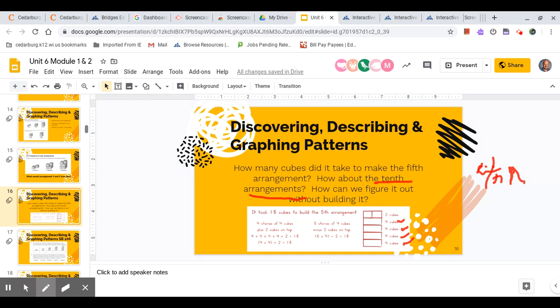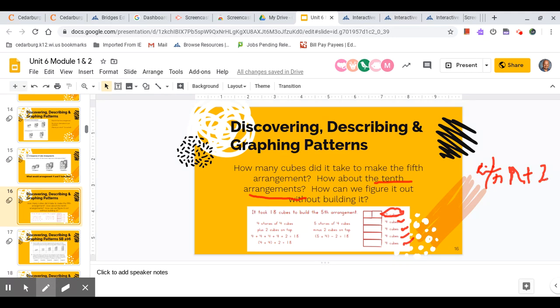And then what I have to do is figure out what my 2 cubes were here on the top. Well, my students who have already done this lesson thought, well, I can just add 2 to my total, and that should give me my arrangement.